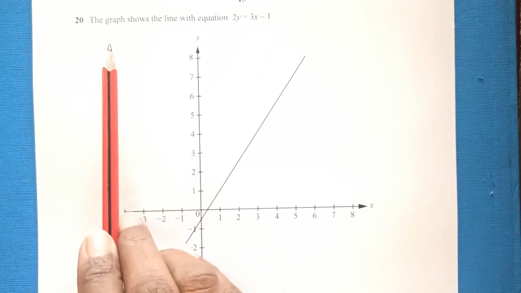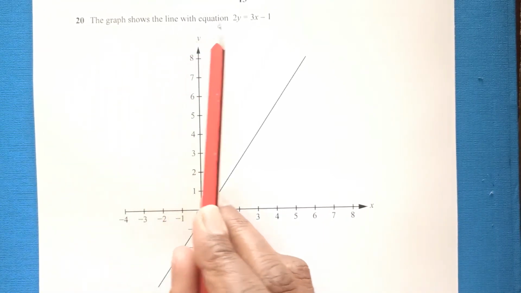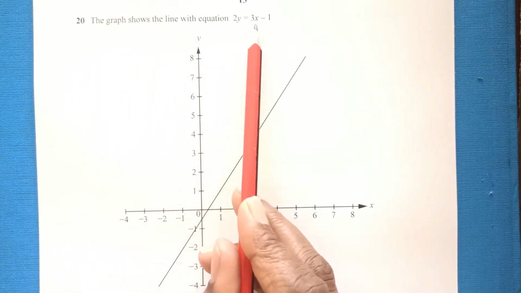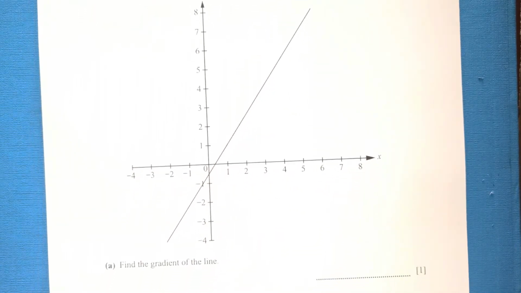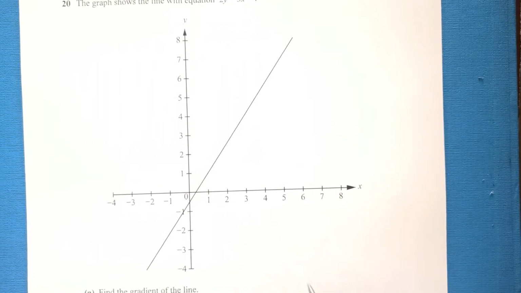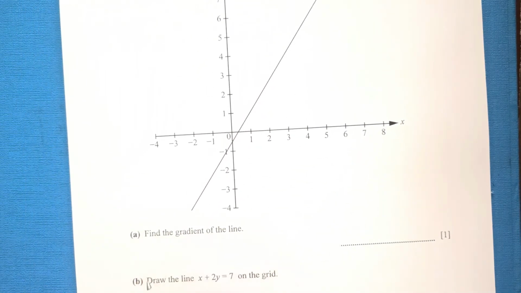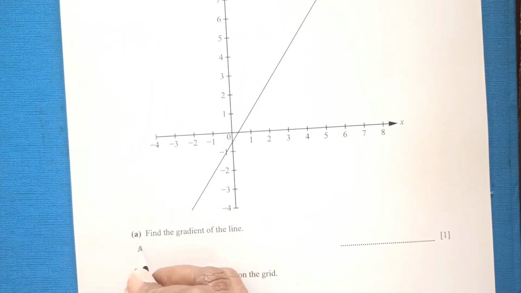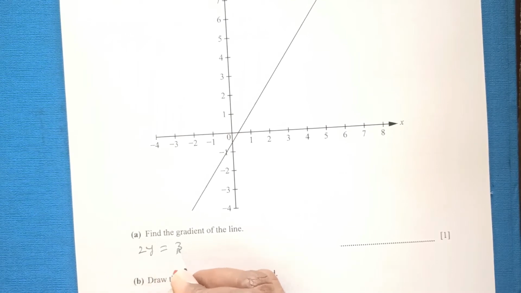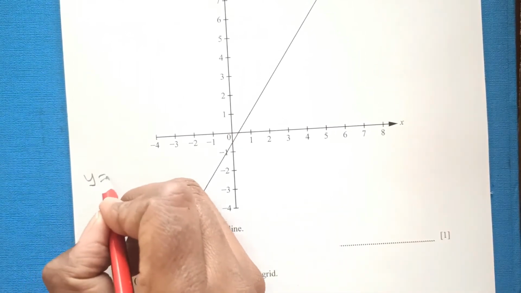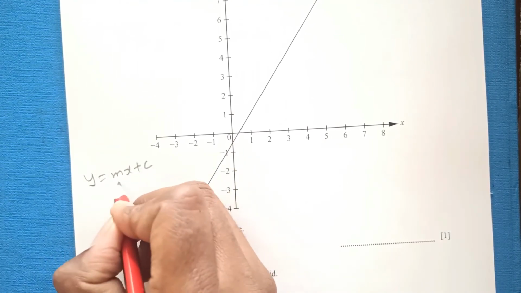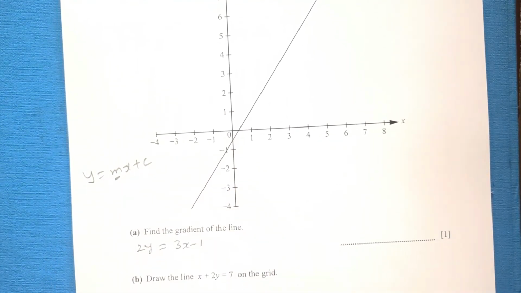Question 20. The graph shows the line with equation 2y equals 3x minus 1. Find the gradient of the line. So we know that this is the equation of the line. 2y equals 3x minus 1, and the standard form of the equation is y equals mx plus c, where m is the gradient.